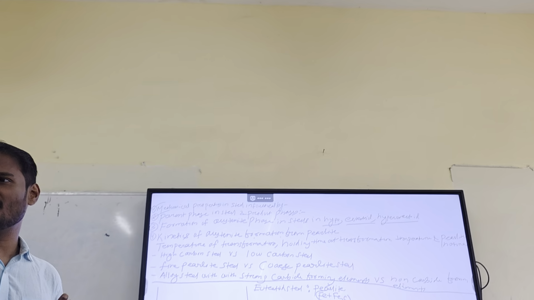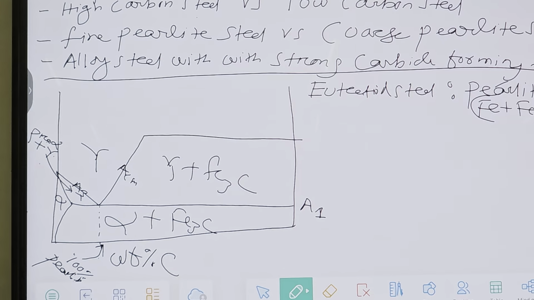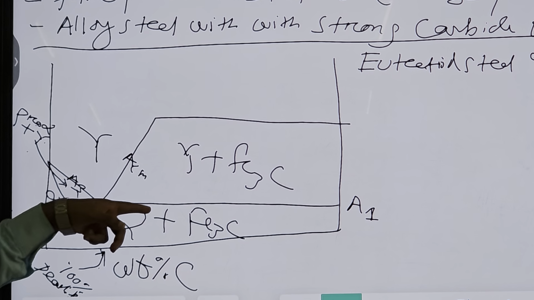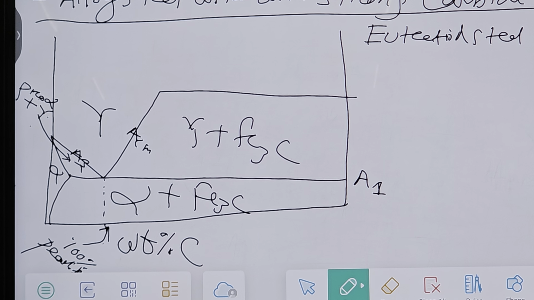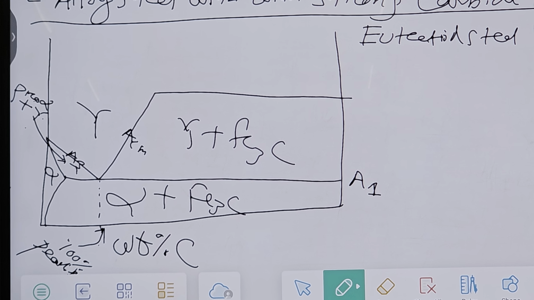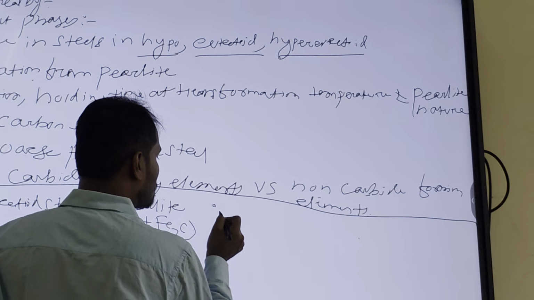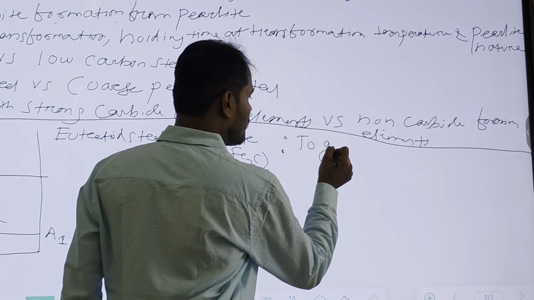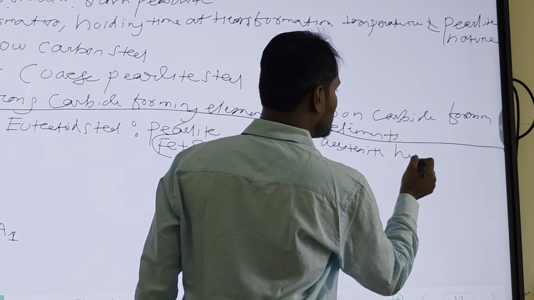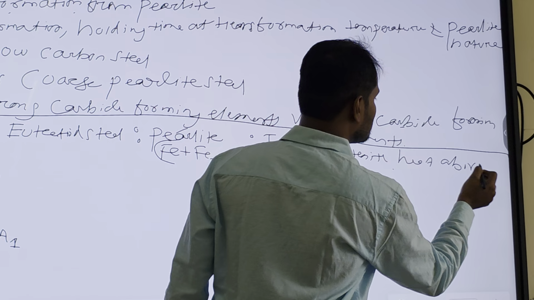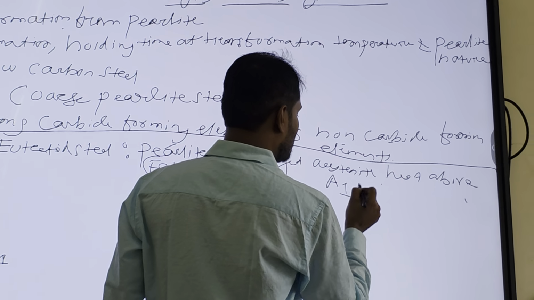Where do you need to heat it? You can say above A1. Very good. And that is a fixed point, that is not variable. So to get austenite, heat above A1. That is a fixed point.